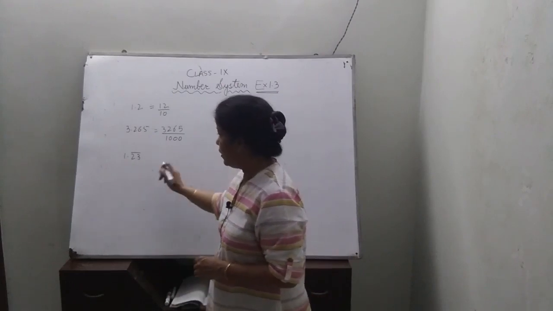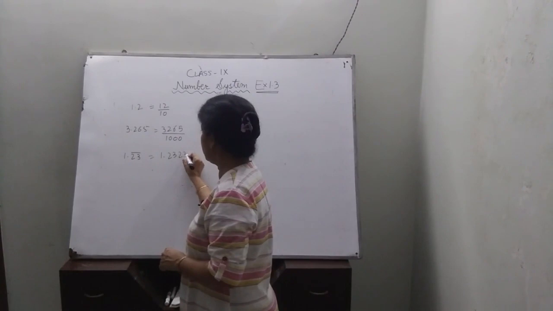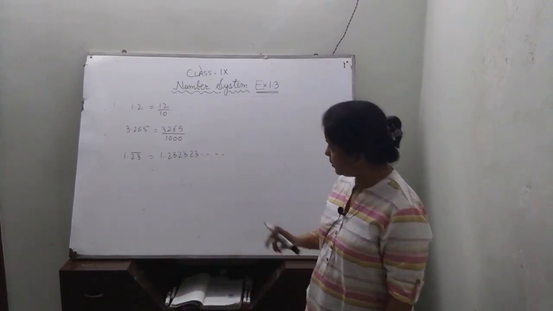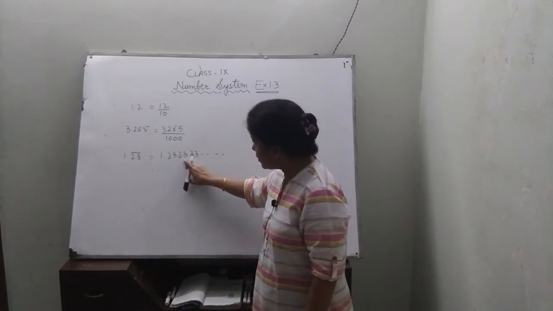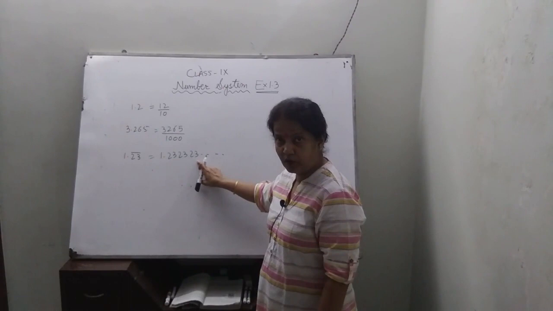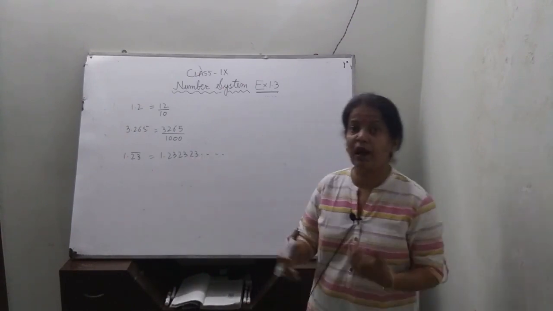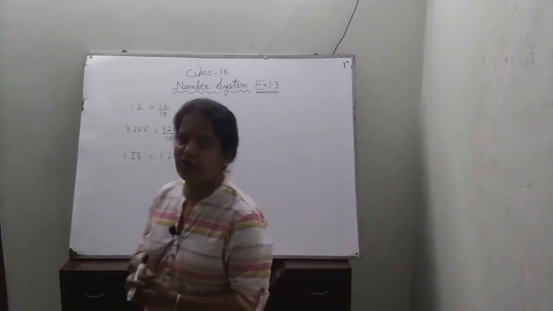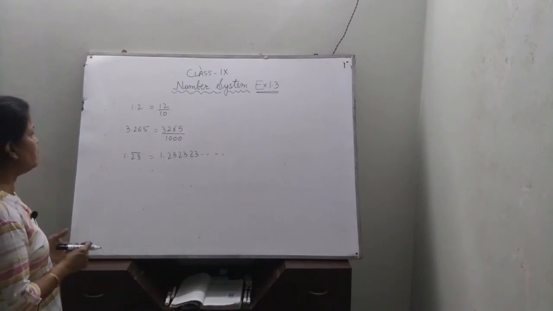For this, if you expand it, it will come like this, isn't it? So what type of number is this? The decimal expansions are repeating, non-terminating, but the decimal expansions are reoccurring. तो ऐसे numbers को हम rational form में convert कर सकते हैं, but with some method.